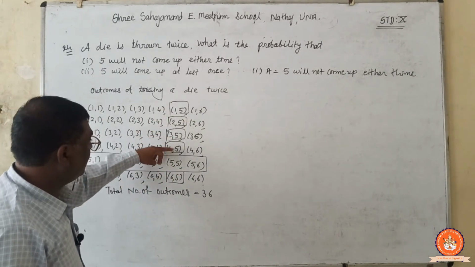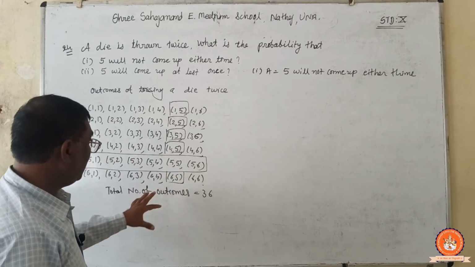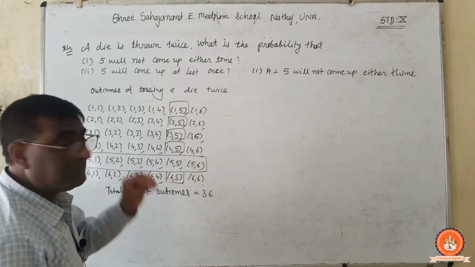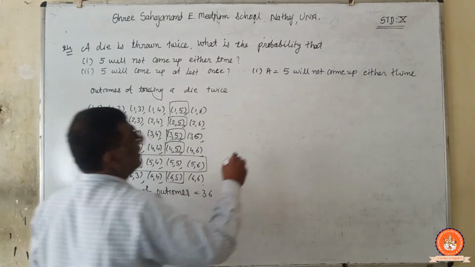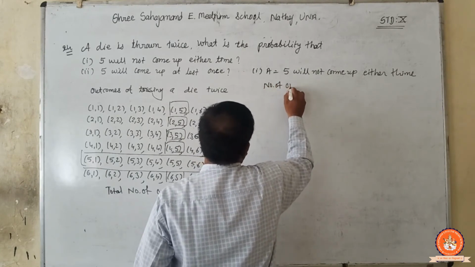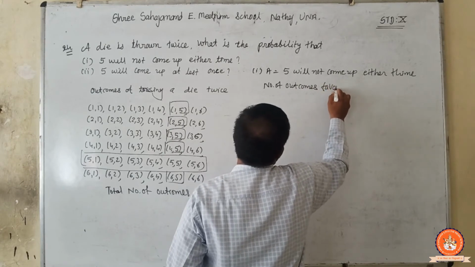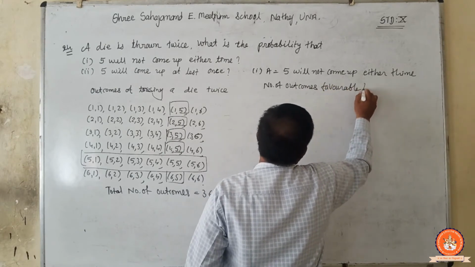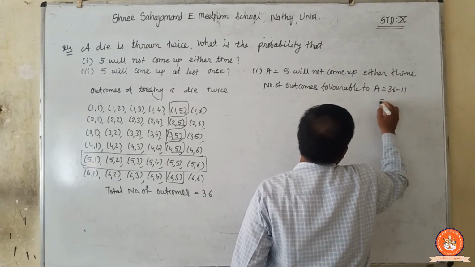1 2 3 4 5 6 7 8 9 10 and 11 आउटकम्स है जिसमें 5 कम से कम एक बार है. बाकी के सो आउटकम्स फेवरेबल टू इवेंट ए, number of outcomes favorable to A is equal to 36 minus 11, it's 25.